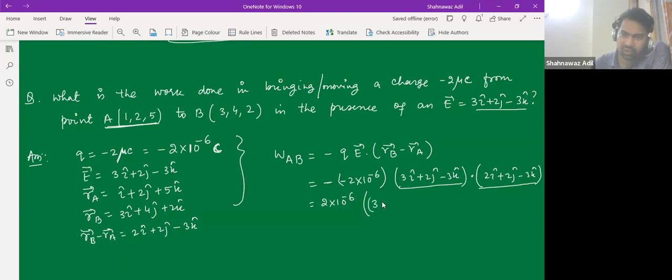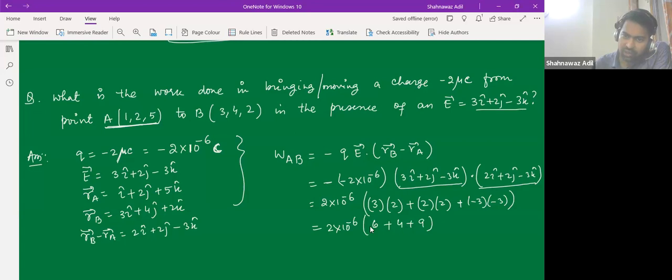Only these components would be there, not the i, j, k. If we have i, j, k, that would be the vector product, but the dot product is not a vector.